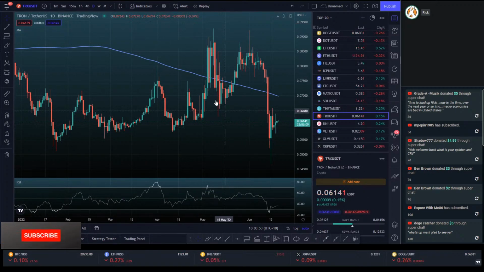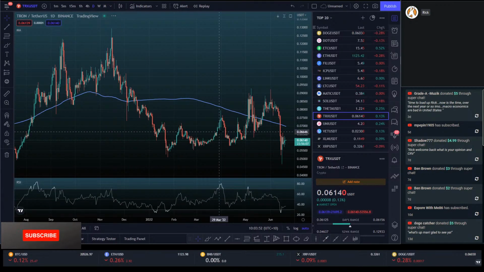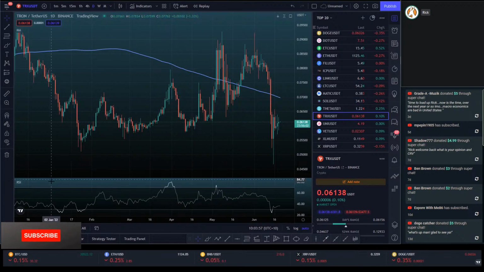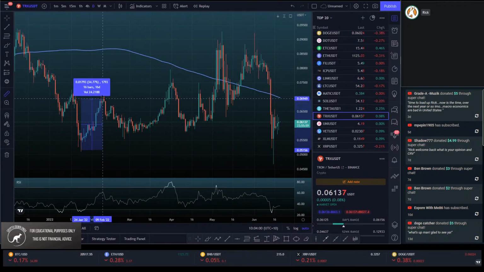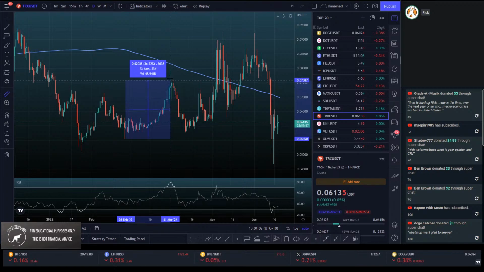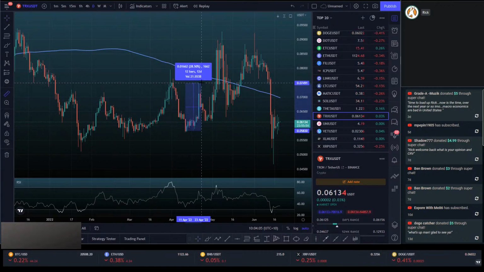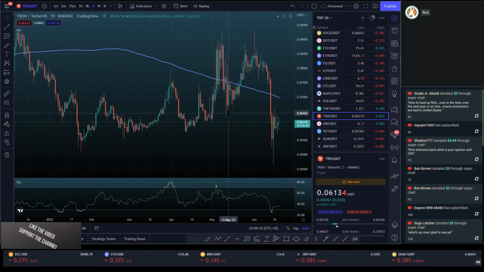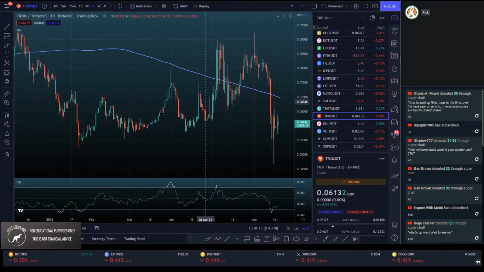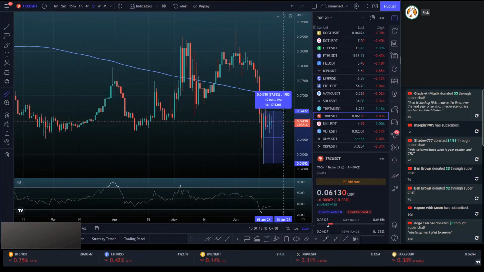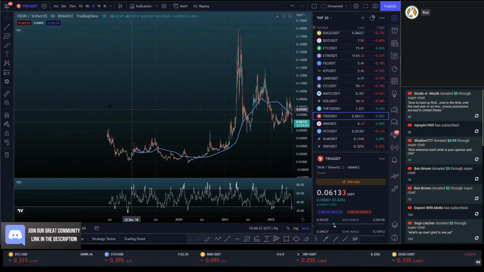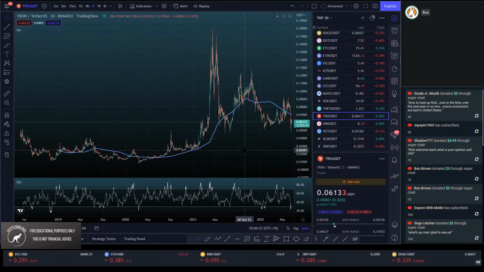Tron has been interesting. That's had some crazy runs. This year even, this year 2022, there's been some pretty decent ticks up on Tron. So if you think Tron can do it, look at these 30-40% runs that go up. It's a very strange crypto, Tron, the way the chart behaves.